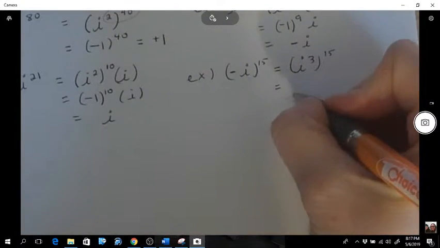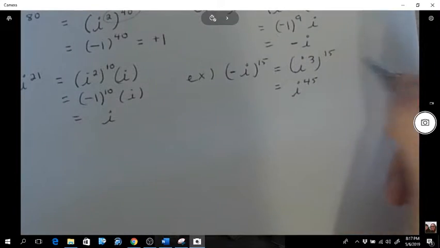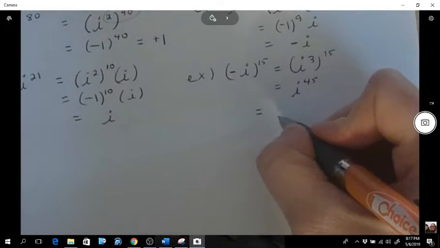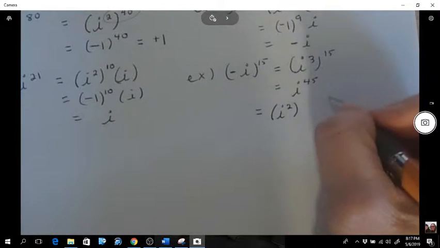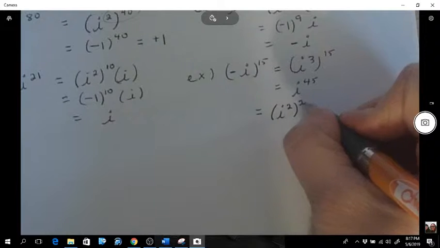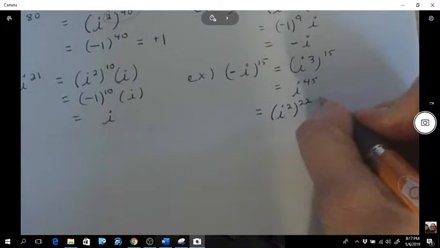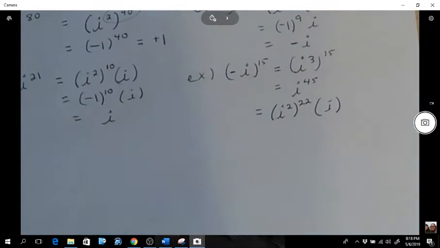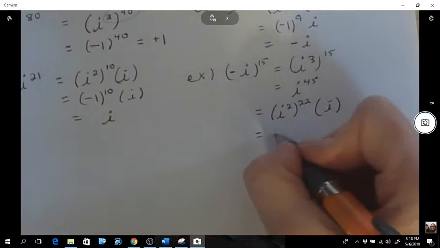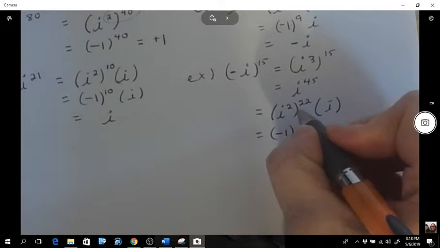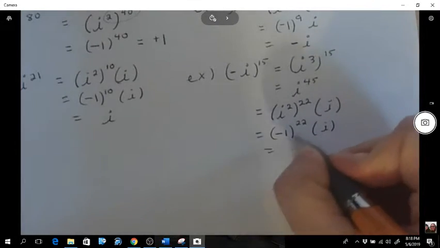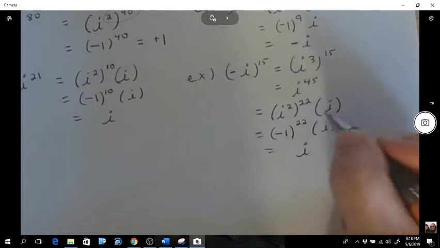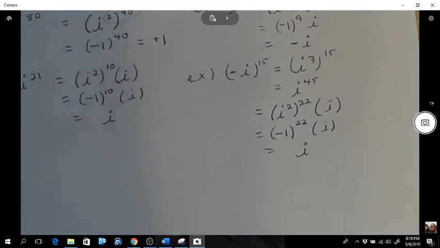And so now this is going to turn into a 45 as an exponent. And now I'm going to go back to my other strategy. i squared, and I can go to the 22 to get 44, and one more to get my 45. So this is negative 1 to the 22 times an i, so this is a positive 1, so that ends up simplifying to just an i.